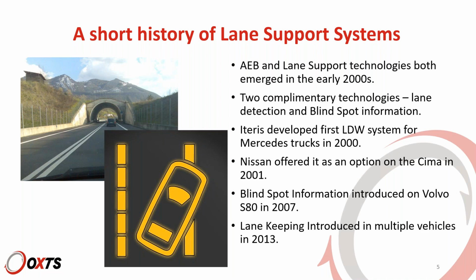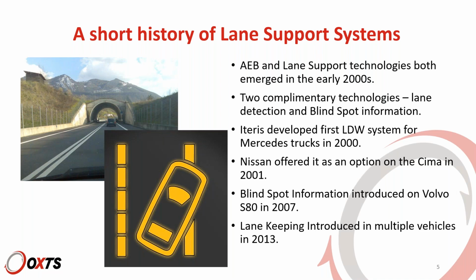The first lane departure warning system itself was around in 2000. It was developed by a third-party company called Iteris for Mercedes trucks. And the first passenger vehicle that I could find was the Nissan Cima, which was around in 2001. I think it was just a JDM vehicle.